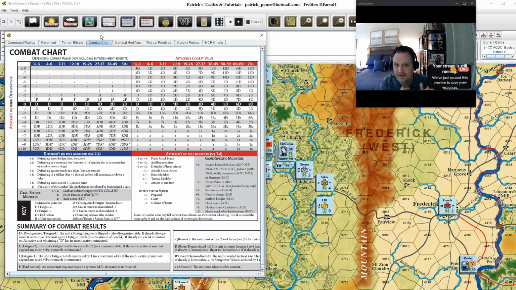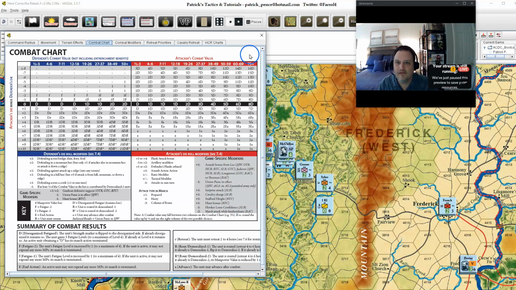Remember, if they're flipped, that's the smaller, the worst number, versus the defender's combat number, and whatever the net differential is between all the modifiers in your die roll and his modifiers in his die roll, you're trying to obviously get a higher number, because the higher the number, the more damage you do to the defender, and the worse it is for them, obviously, as far as retreating is concerned.